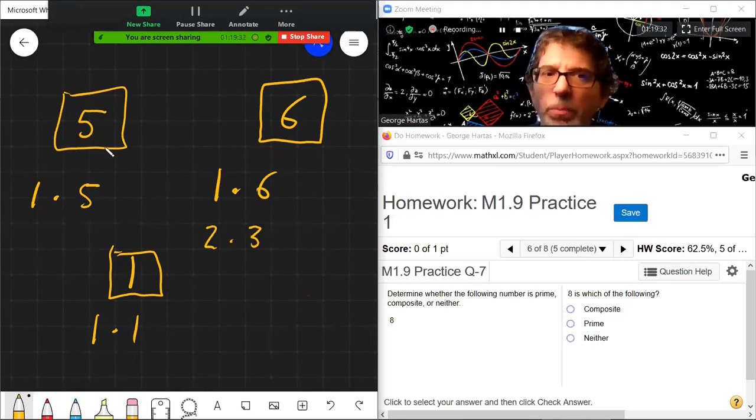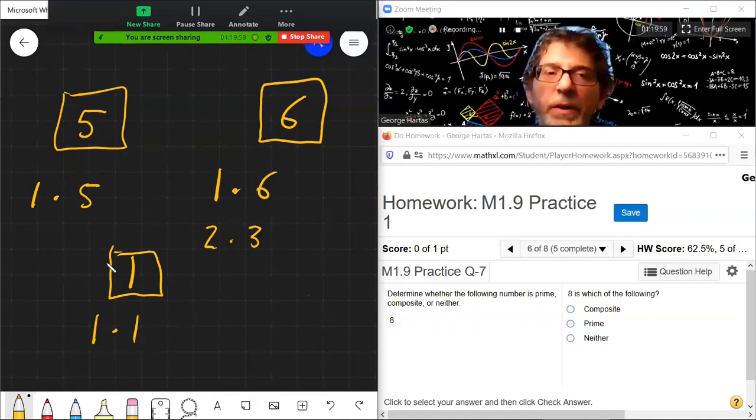Now, I should have also mentioned here for the prime number that a prime number is a number where its factors are 1 times the number itself, but the factors have to be different. And that's to account for this situation. See, 1 is not prime. It's not prime because the factors themselves are not different.